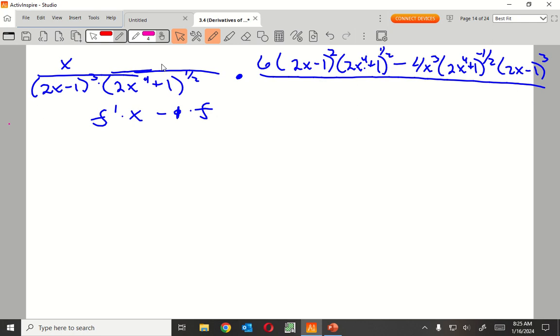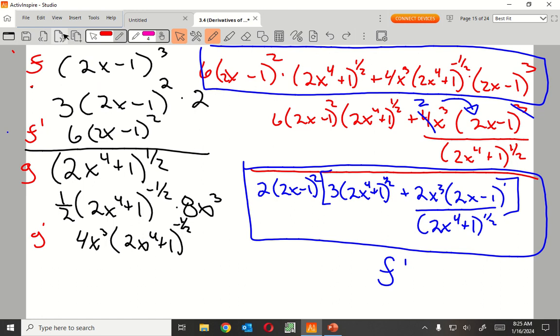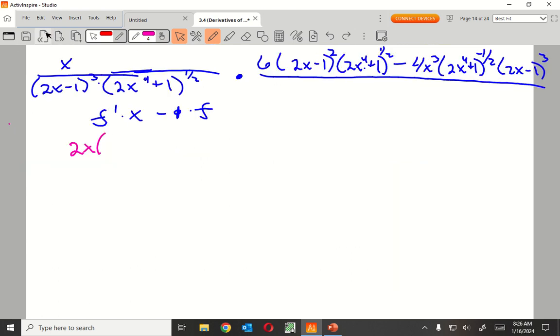All that times x, so two x, two x minus 1 squared bracket.